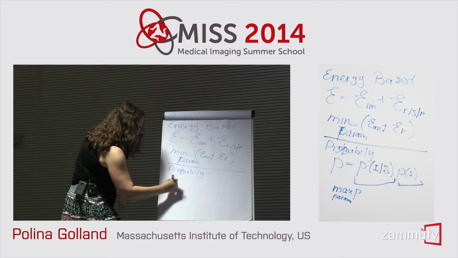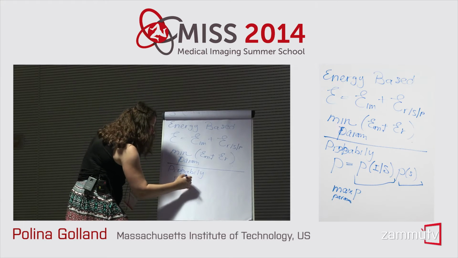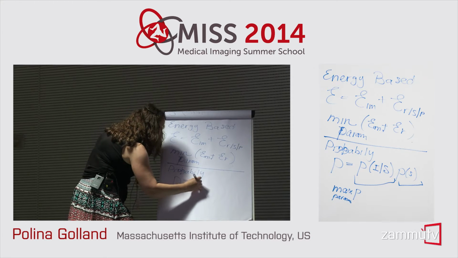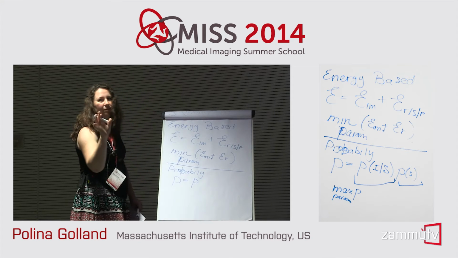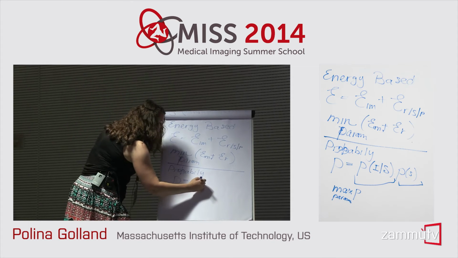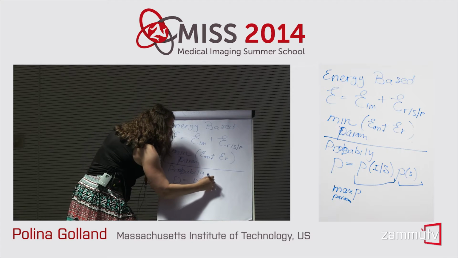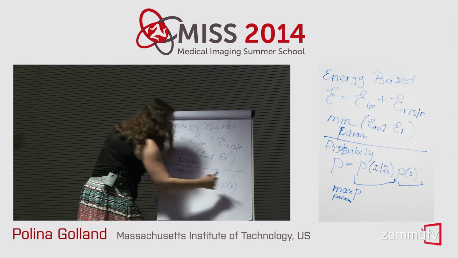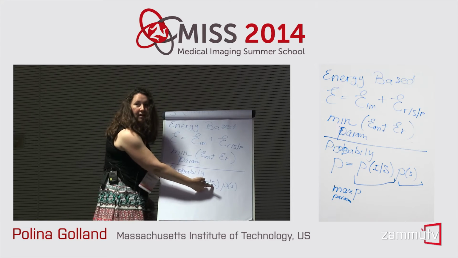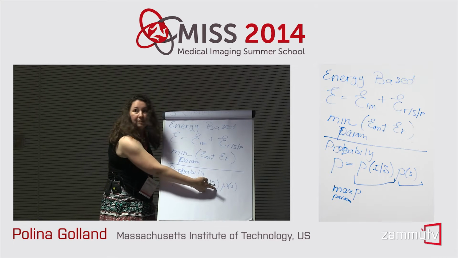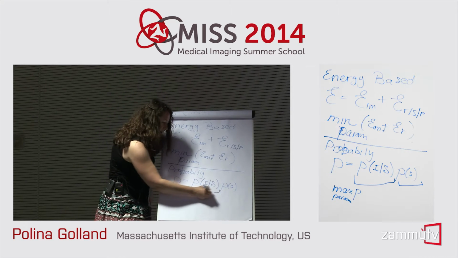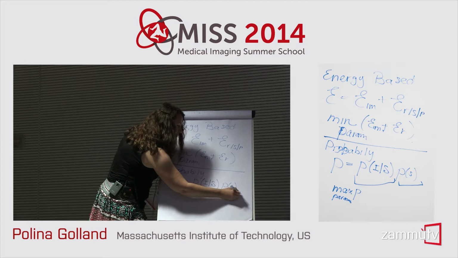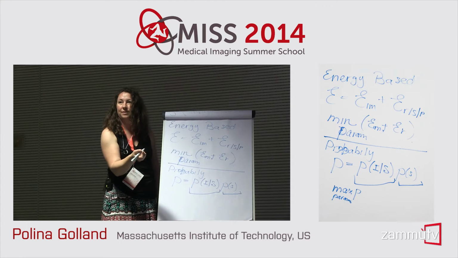And it says that your probability of the segmentation is proportional, oftentimes, but we won't worry about the coefficients, to the probability of the image given the segmentation times the probability of the segmentation. This is oftentimes referred to as the likelihood of the image, and this is referred to as the prior term on the segmentation.